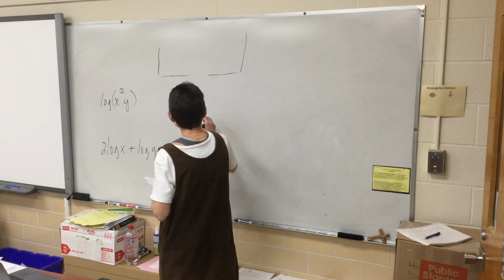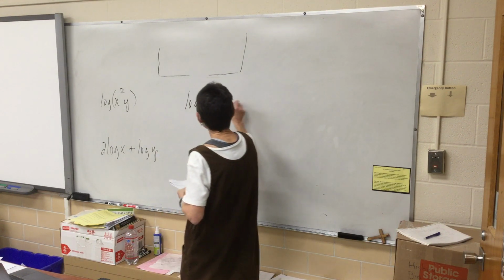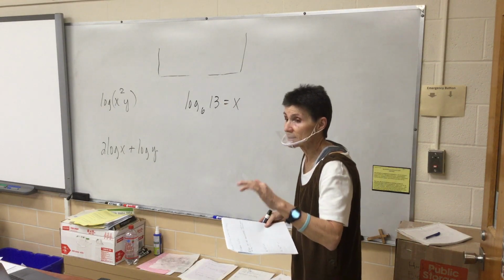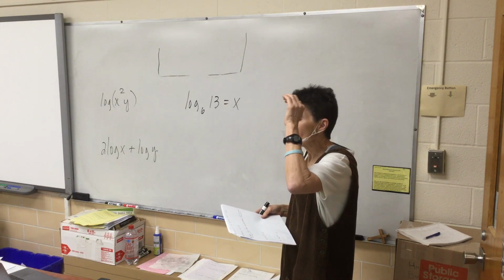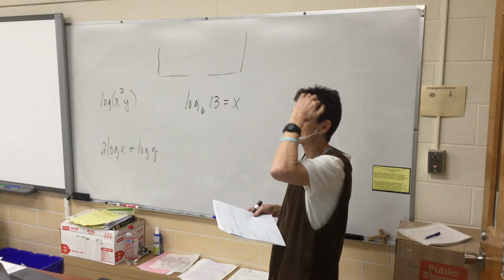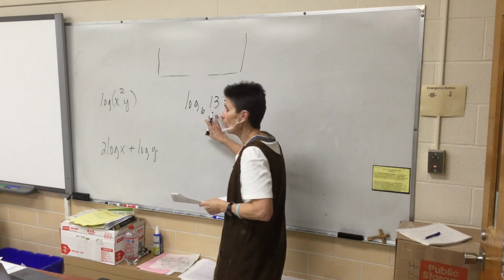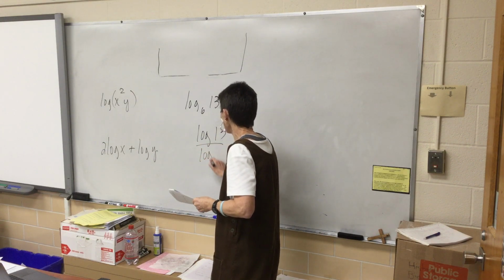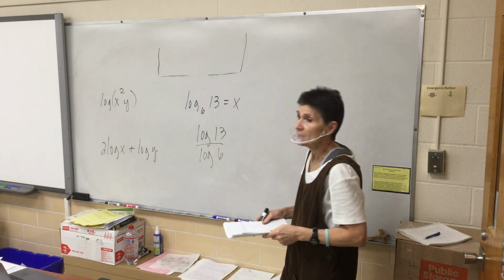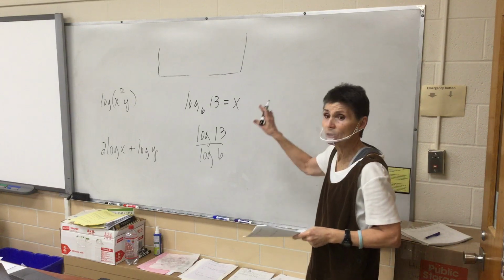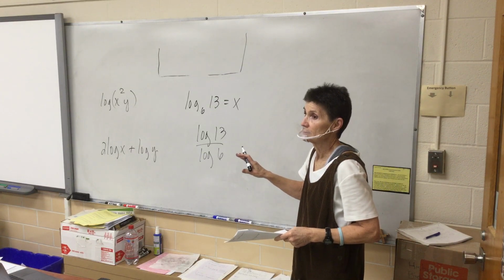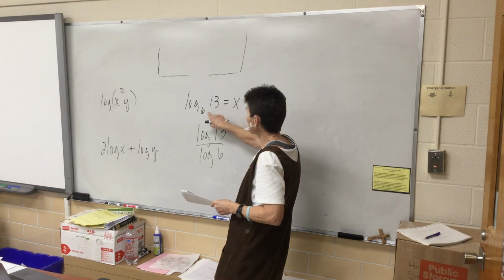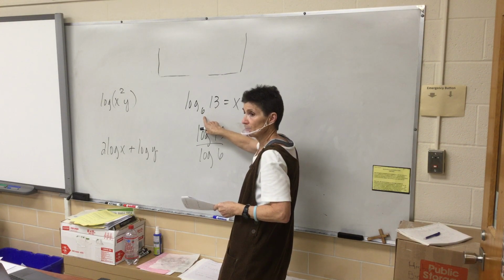All right, so log base 6 of 13. These are the ones that, if you have been paying attention and studying, you know that this is going to be the log of 13 divided by the log of 6. Now, you can loop-de-loo and go the long way, but it will always come out to be the log of the big number over the log of the little number.